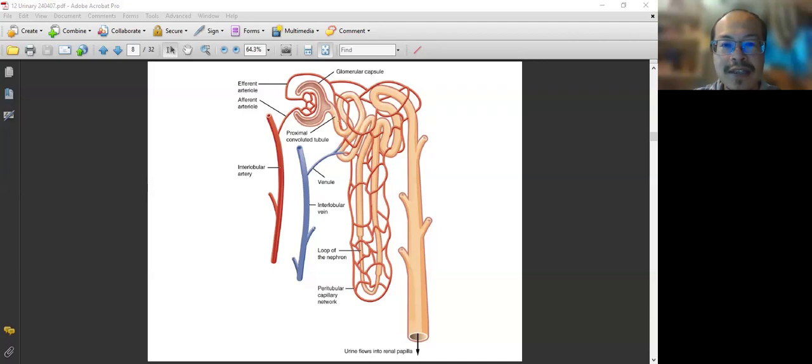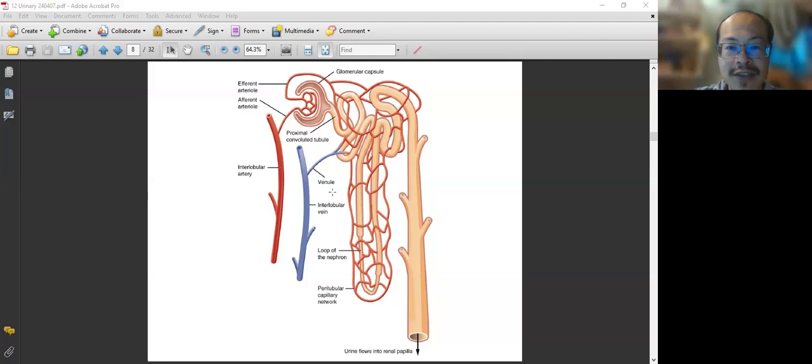So these capillaries are working side by side with the nephron. So we use the nephron as a guide to see what's going on through these interactions. So we will start by looking at the Bowman's capsule, then proximal, loop of Henle, distal, collecting tubule, collecting ducts.